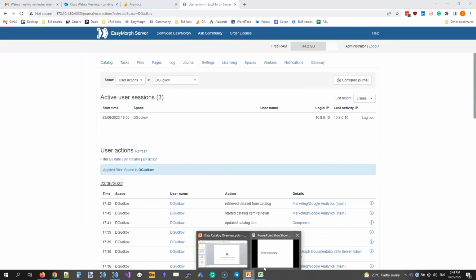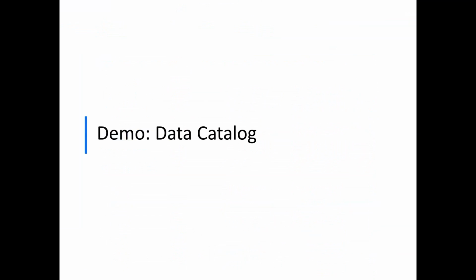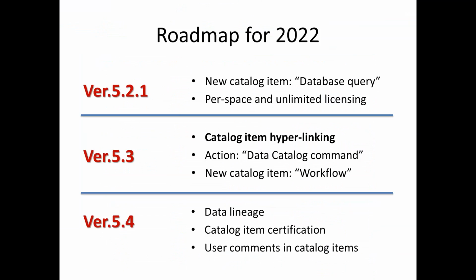Finally, I wanted to say a couple of words about what's coming next. In our roadmap for 2022, we will have a minor release in a couple of weeks, which will add a new catalog item, database query, and also per-space and unlimited user licensing will be available as options.